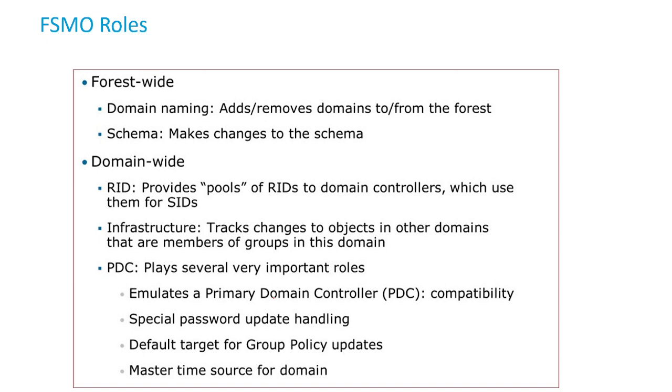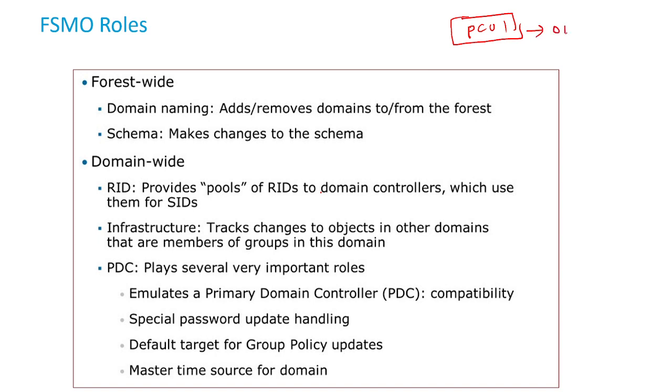So RID master, one of the 3 domain wide roles, is responsible for giving the RID pool. See what happens when you create an object. If I create a user or a computer named PC01, the computer will never understand names, so it will create an RID.